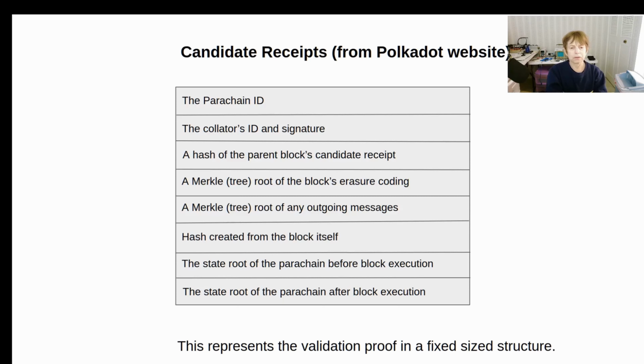Now this is an example of a candidate receipt, again from their website. I basically took their list and put it in a little block.